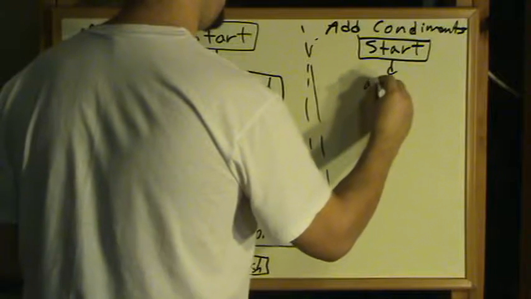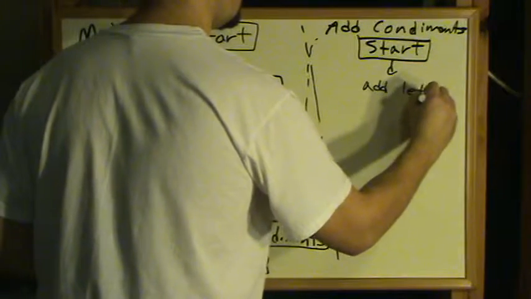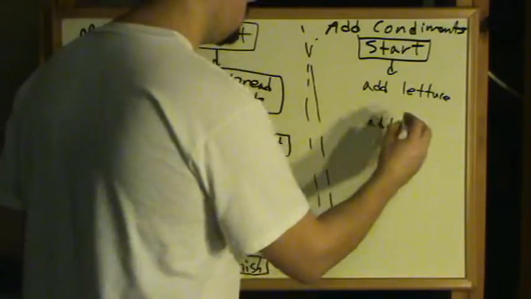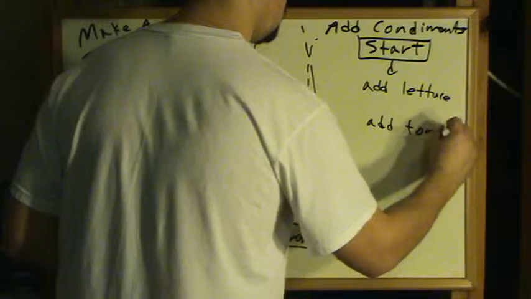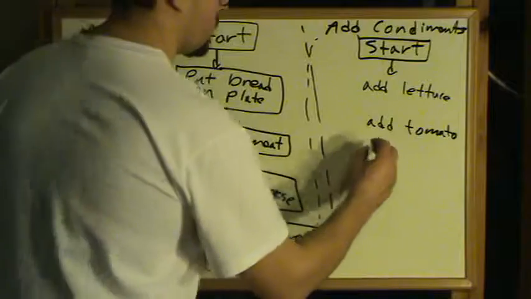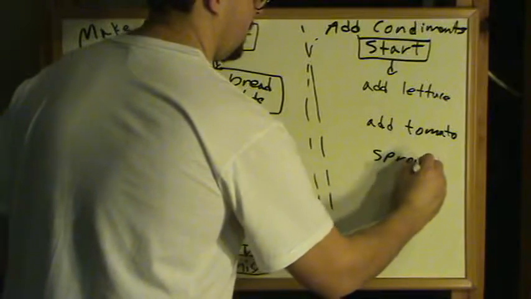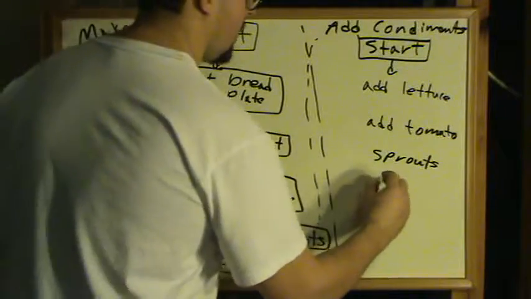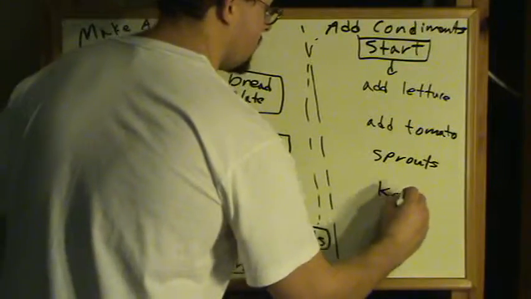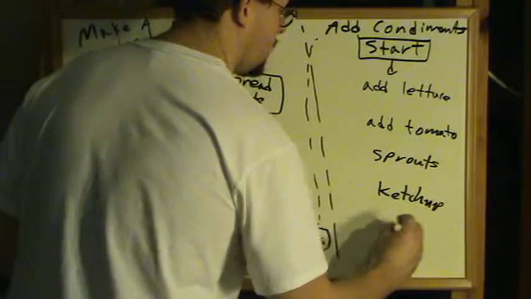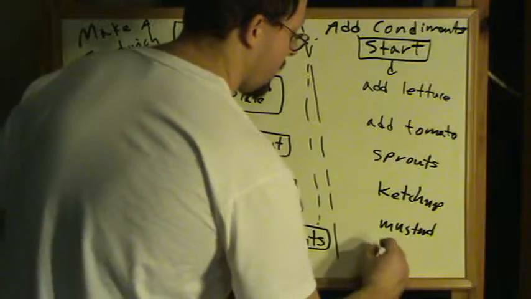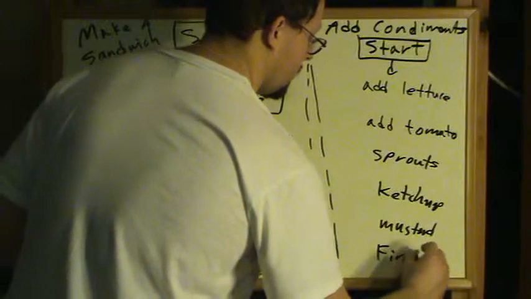And we'll just say add lettuce, tomato, alfalfa sprouts, now personally, my son and I like to add ketchup and of course mustard. I will leave it at that for now because I ran out of space. Finish. Okay.